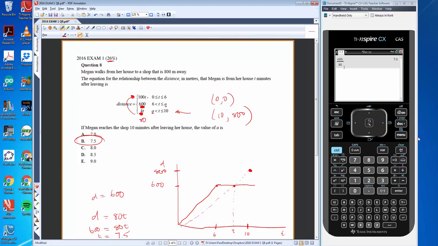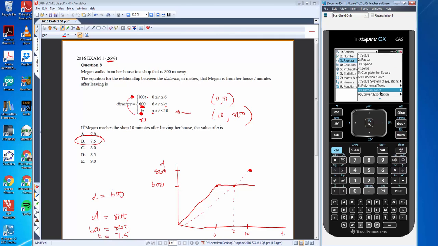You could, if you're mental blank or whatever, or not so strong with the maths, although if you're up to question 8 and getting this far, I'd expect you would be, but just solve a system of equations, and we've got y equals 600 and y equals 80x.